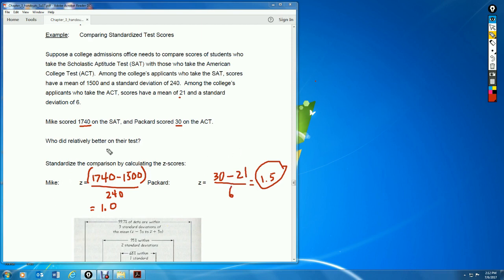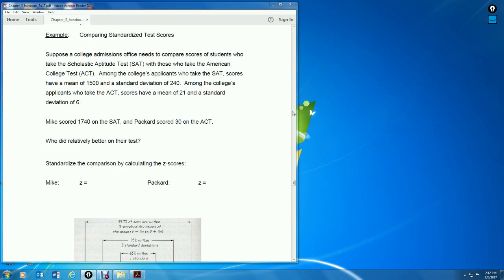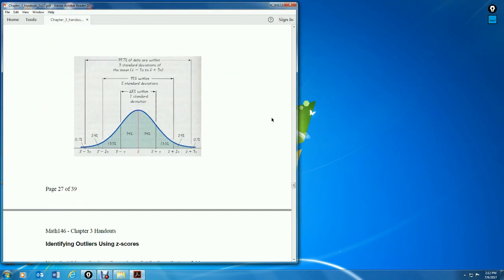All right, I'm going to erase this and scooch down so we can look at the graph. So what we've got here then basically is, say for the SAT, the mean right here in the middle was 1500.